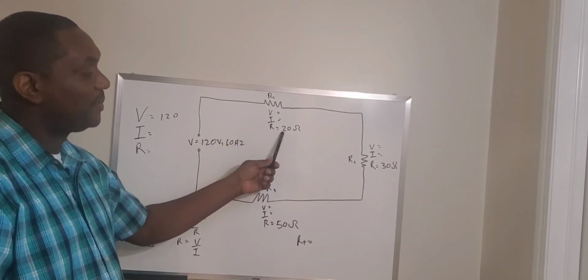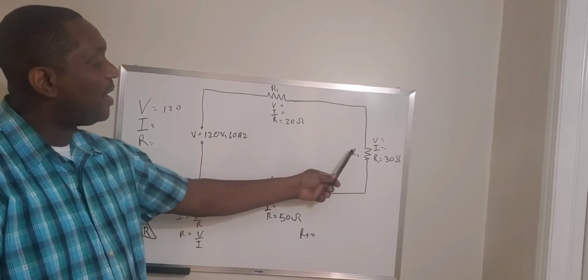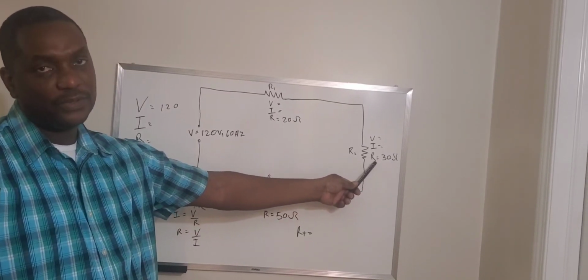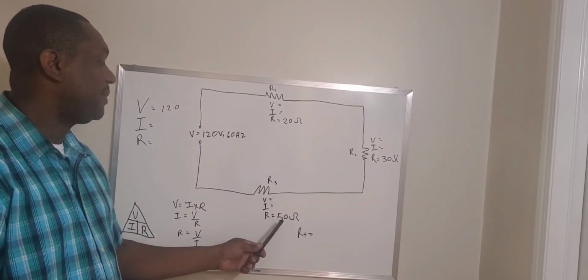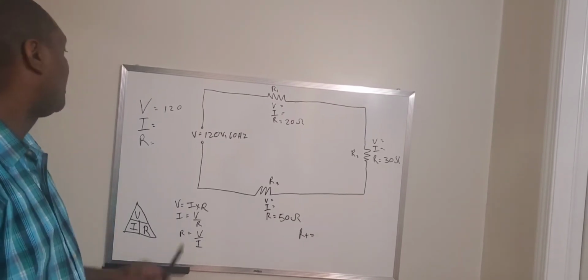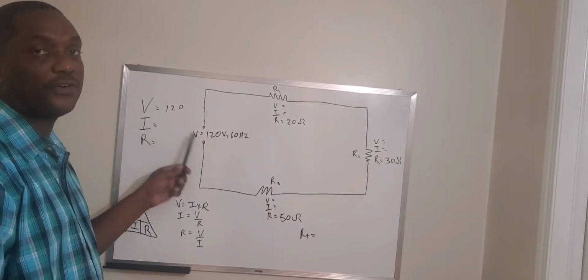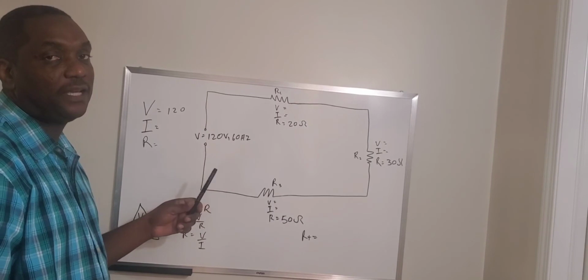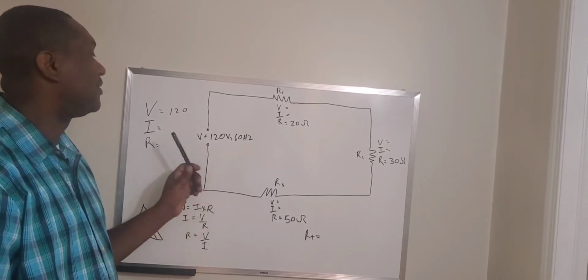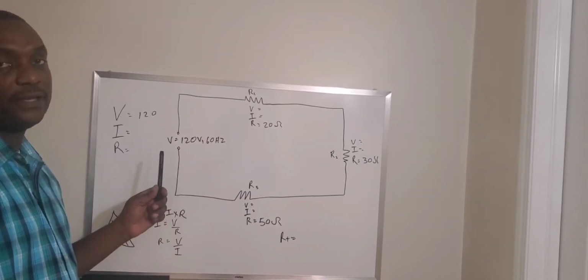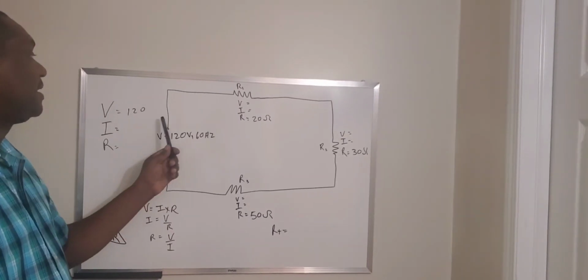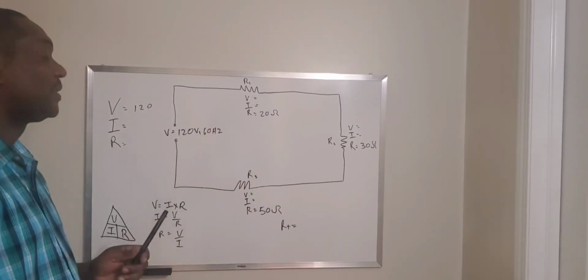R1 is 20 ohms, R2 is 30 ohms, and R3 is 50 ohms. We want to find out what the current in the circuit is, and for a series circuit the current is the same through all the branches.